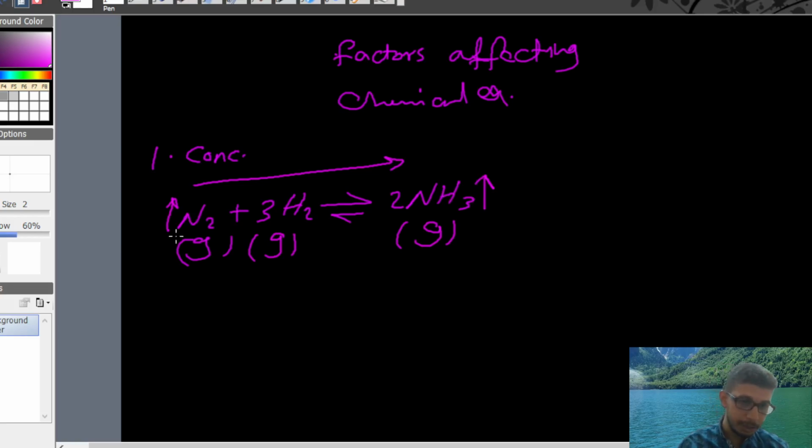So if I increase the concentration or the partial pressure of nitrogen, this will lead to the increase of the concentration or the partial pressure of ammonia gas. What if I decreased the concentration or the partial pressure of the nitrogen here? Simply, the reaction will shift to the backward direction.